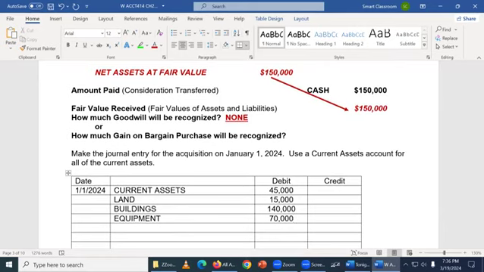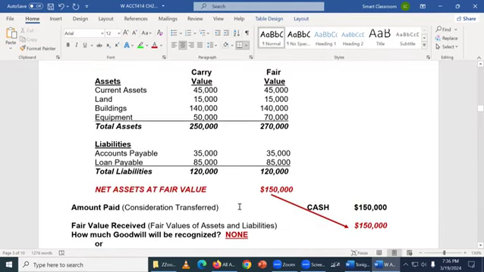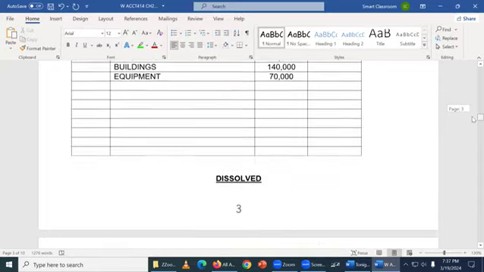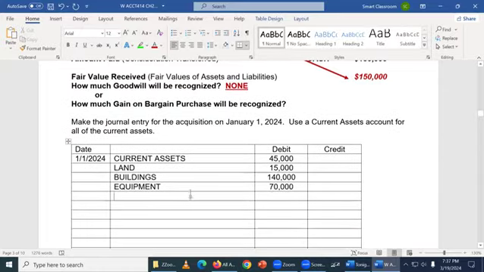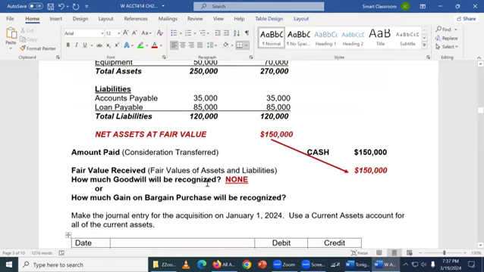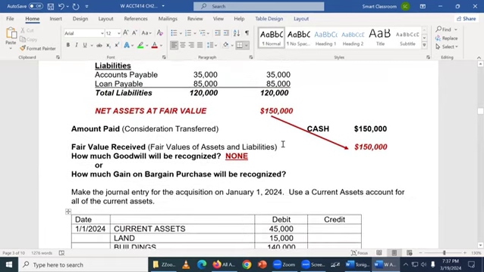We have these liabilities. Debits or credits on those? Good, they are credits. So accounts payable, loan payable.